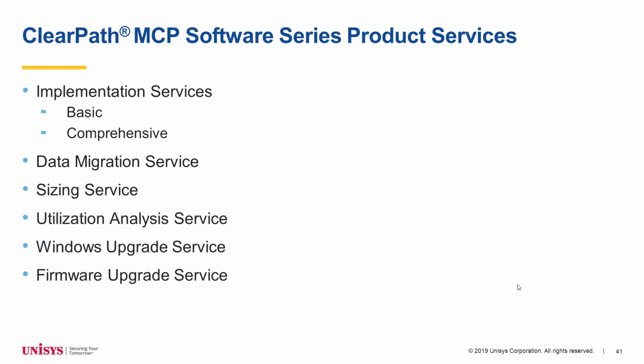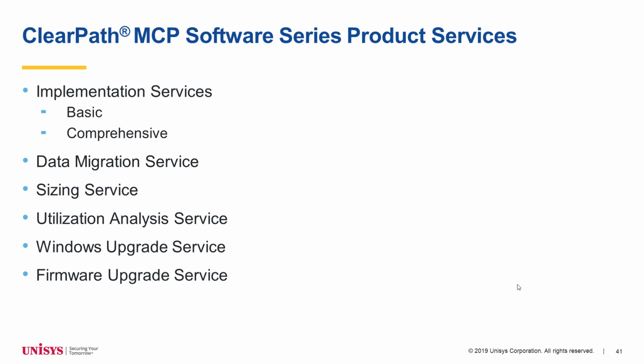If you need help in selecting the platform, the sizing service can recommend a configuration for you, whether that's a physical server or a virtualized partition, based on your specific needs.